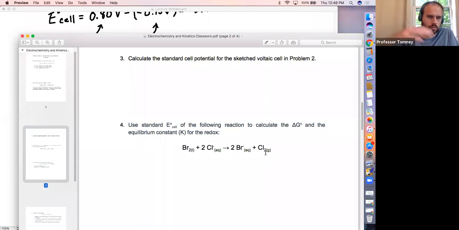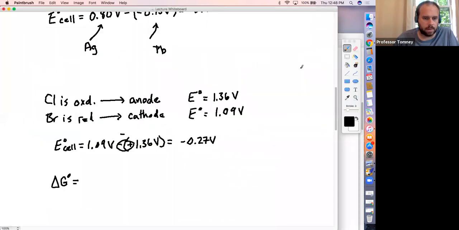Probably most people can gather it just from looking at it, there's going to be 2 electrons being passed back and forth between this redox setup. So that means that when I get ready to do my negative n value here, it's going to be negative 2 moles of electrons. Right?